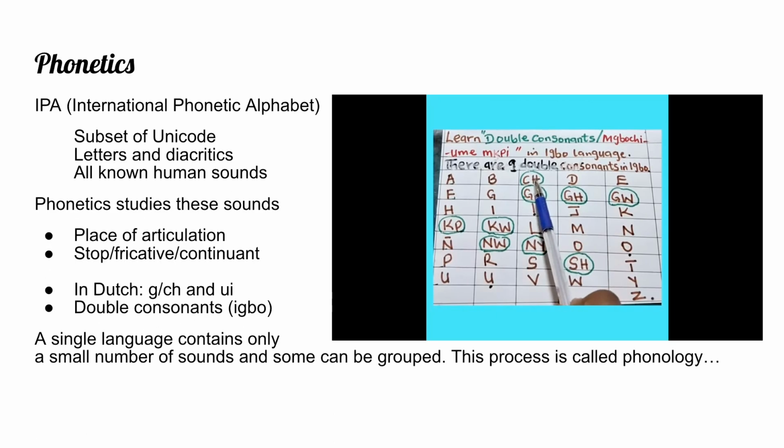Number 1 is chi, bre, we, bwi, Nwi, Nye, Shi. Have you now seen that they are 9 in number? Let's count them. 1, 2, 3, 4, 5, 6, 7, 8, 9. We call it in Igbo, Mgbochi Umempe. That is double consonant.